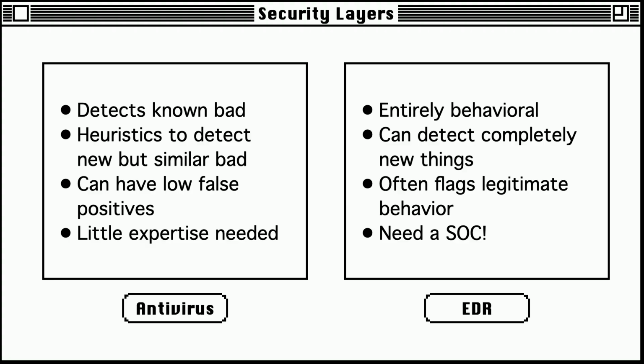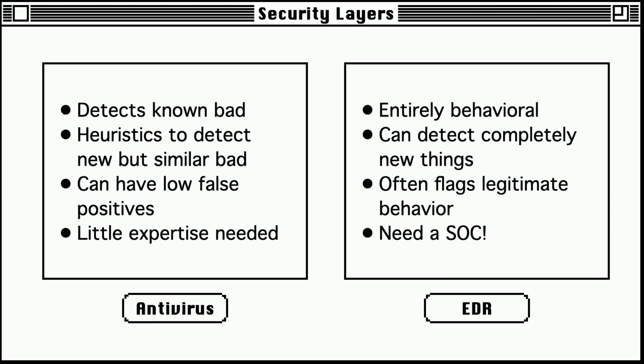Antivirus is there to detect so-called known bad. So, things that we know, we've seen this malware before, we know what it does, we know what it looks like. We can write a rule for it. You can also have antivirus that has some heuristics, some kind of machine learning or something along those lines, and that can detect something that might be similar to something that you've seen before, but it really doesn't detect absolutely new, novel things.